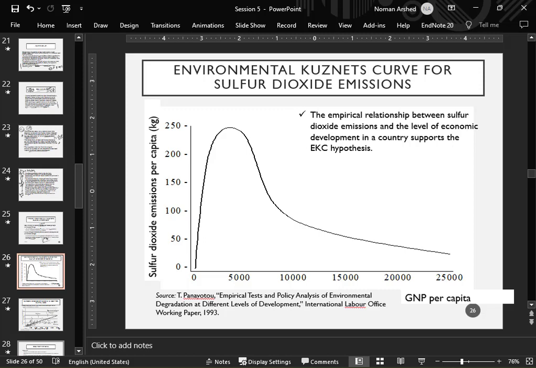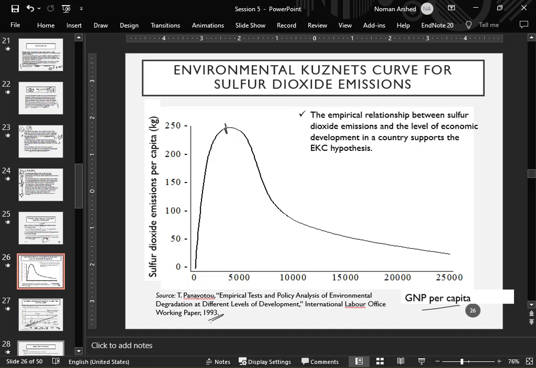So there's one study that explained the environmental Kuznets curve for sulfur dioxide. On the y-axis there is sulfur dioxide, and this study source is here. It was published in 1993, and the independent variable is GNP per capita. It is saying that when income increases from zero to a certain point, it will increase sulfur dioxide.